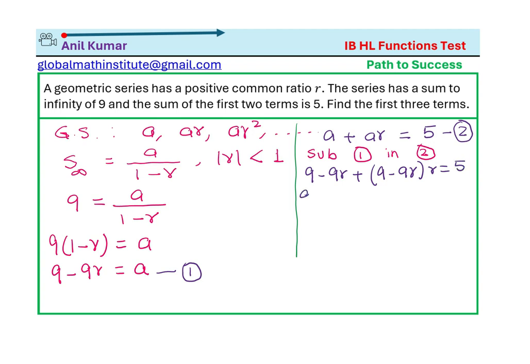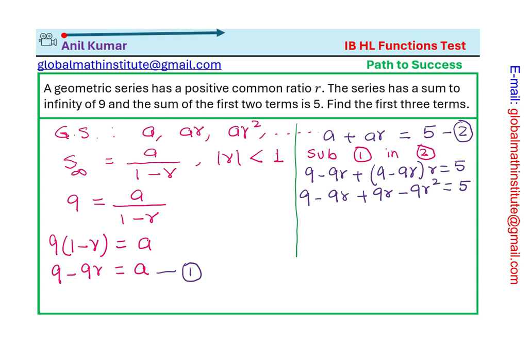Open and simplify. Plus 9r minus 9r square equals 5. So we get 9 minus 9r square equals 5, as these terms cancel.